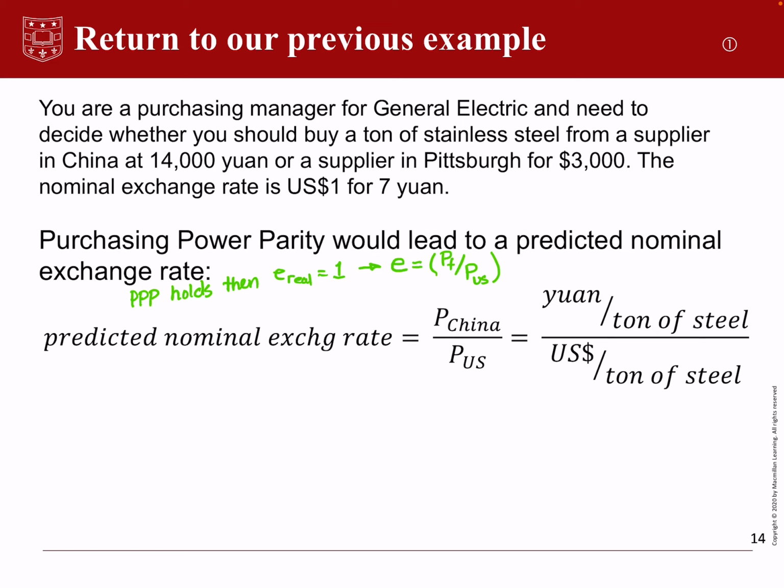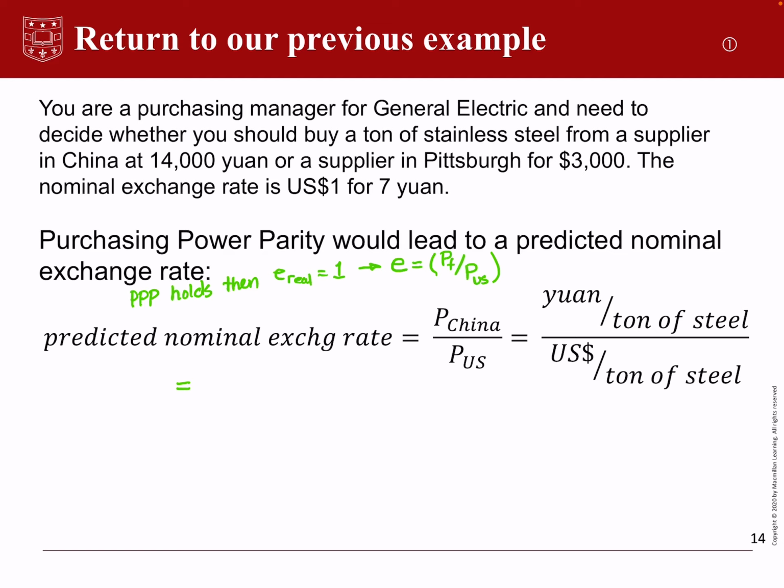So in our example, what would we predict, according to purchasing power parity, the exchange rate between China and the US to be? Well, we would plug in our relevant prices.